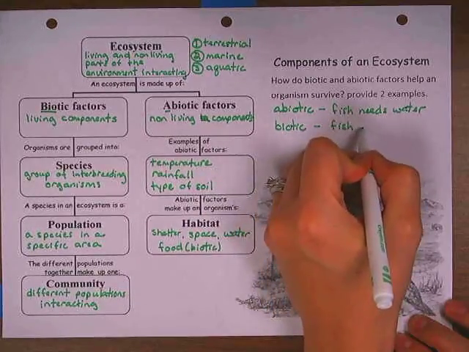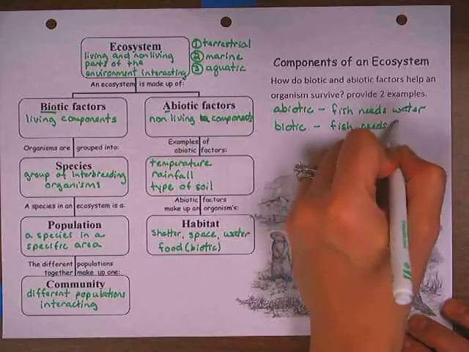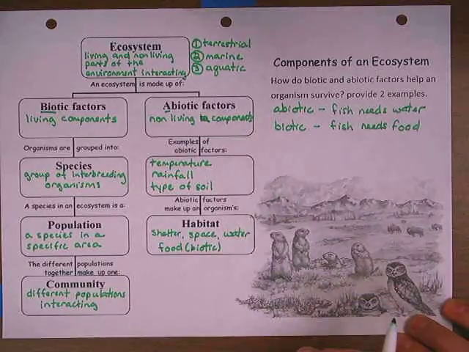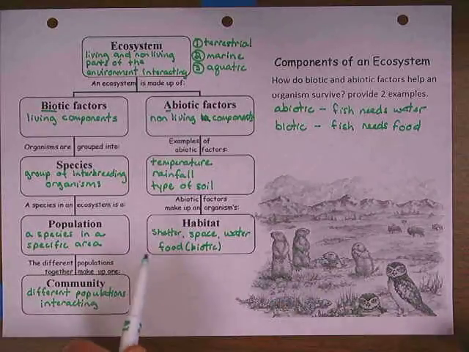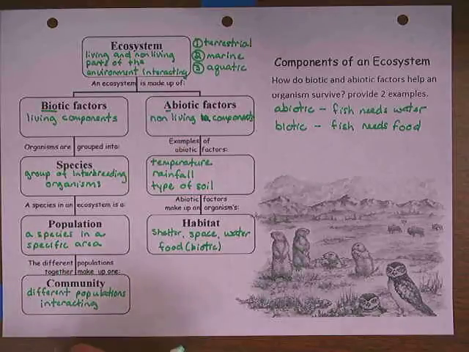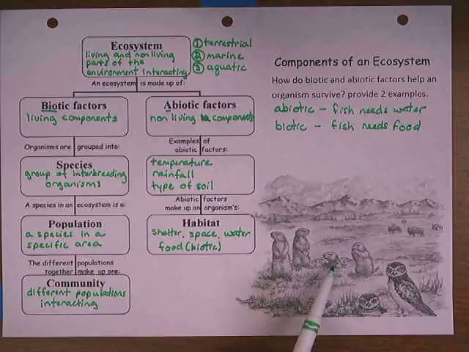Another example of biotic factors, if we use that same fish, well, that fish needs to eat, and that food is going to be a biotic factor. So every organism relies on other living organisms as well as the environment that they're in order to survive.